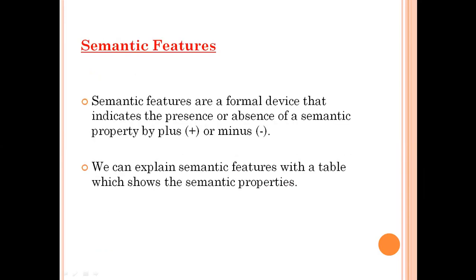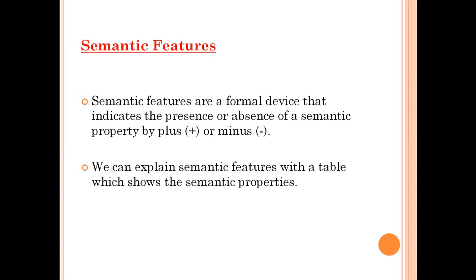Now we will be looking at semantic properties, semantic features. So semantic features are a formal device that indicates the presence or absence of a semantic property by plus or minus. So semantic features show the semantic properties. Semantic features এর মাধ্যমে কিন্তু আমরা semantic property-টাকেই দেখাই। কিভাবে দেখায়?